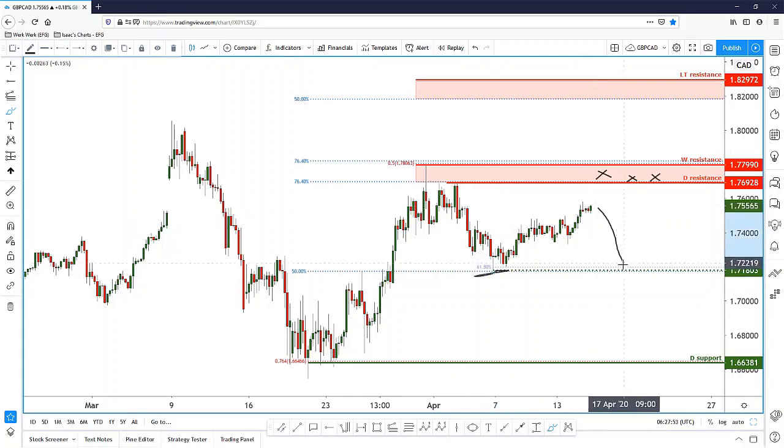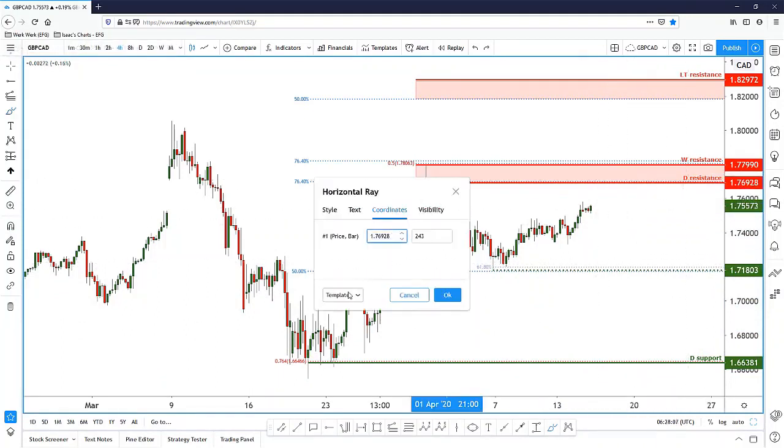When price comes down here, I will close out 50% of my position, move my stop loss to break even where I entered the market, and then let the rest of the position ride down to the daily support. So let me just put it in line for you so it's easier to see.